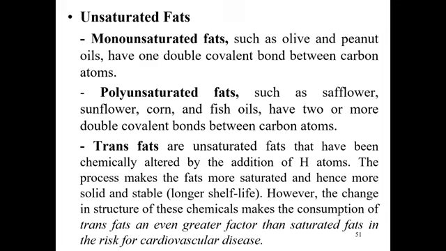This makes the fats more saturated and hence more solid and stable. However, the change in structure of these chemicals makes consumption of trans fats an even greater factor than saturated fats in the risk of cardiovascular disease. So, trans fats are basically unsaturated fats na nilagyan nyo ng hydrogen para maging saturated ulit.